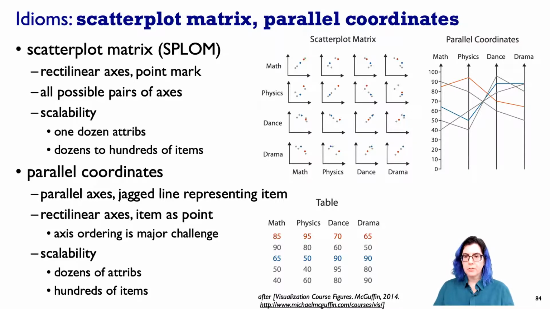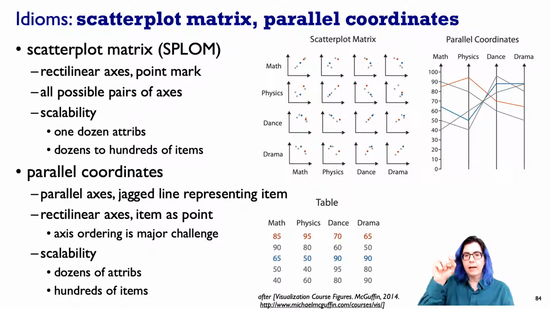A different approach is what's called parallel coordinates. So let's look at the same data set. This is a table of marks in math, physics, dance, and drama for 5 different people. In the parallel coordinate view, we have an axis and then another axis and another axis. The axes are parallel to each other.